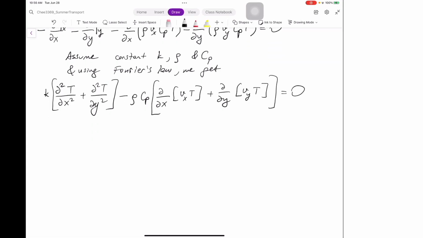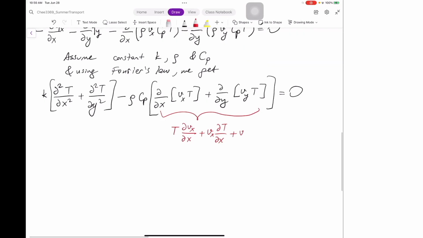Right? Let's do more simplifications. Now, let's focus on this term. If you use the product rule, you get T del Vx over del x plus Vx del T over del x, right? Plus T del Vy over del y plus Vy del T over del y.